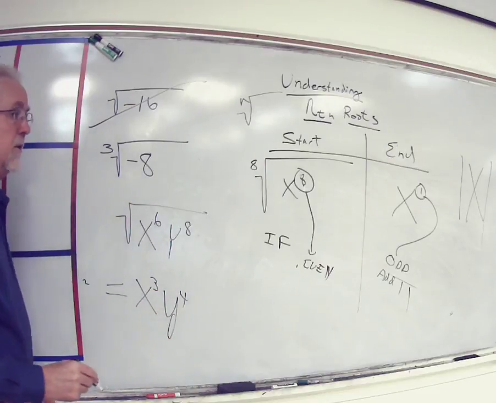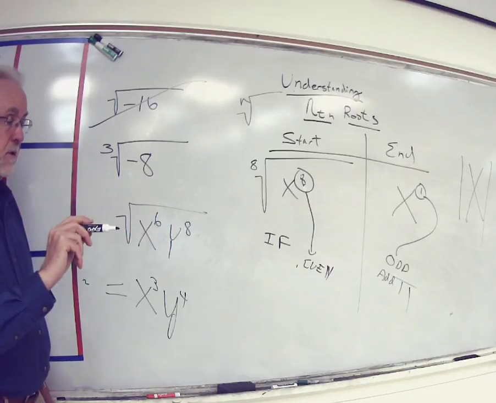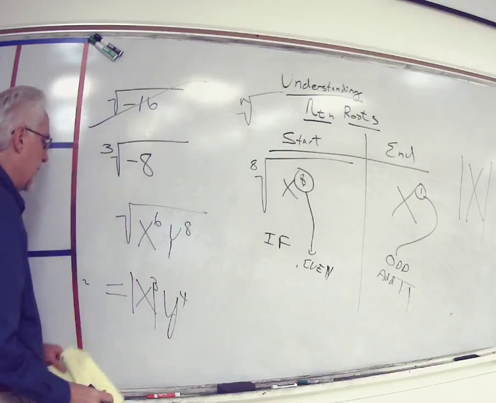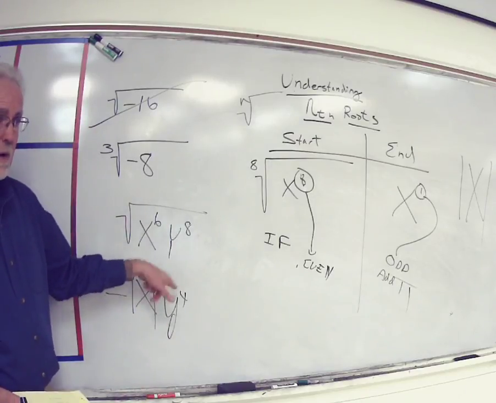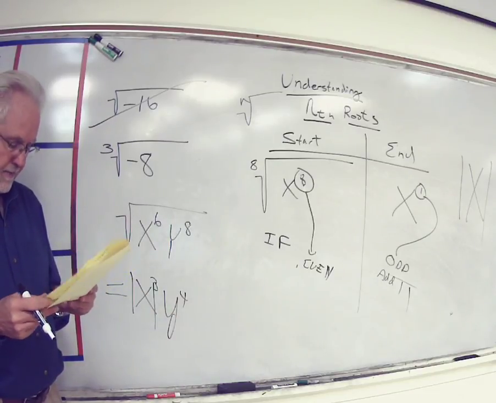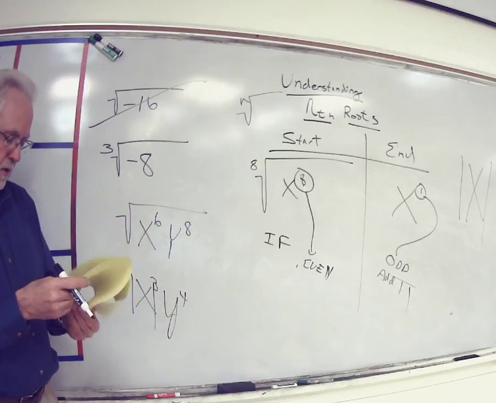What do I need to do? Absolute value around x. Absolute value around only the x, not the y, because the y stays. You just don't put absolutes everywhere, but you have to do that. That's a rule. Does that make sense? Don't ask me why it's a rule, but that's the rule.